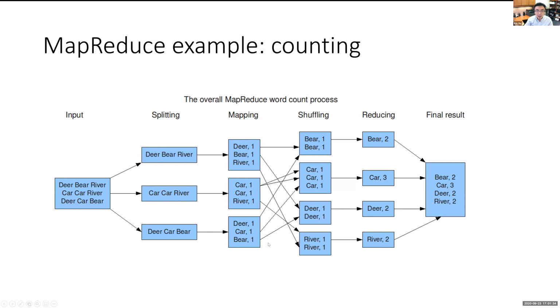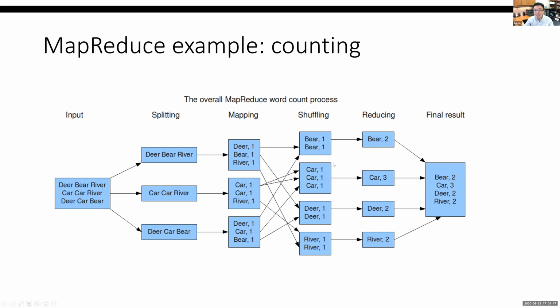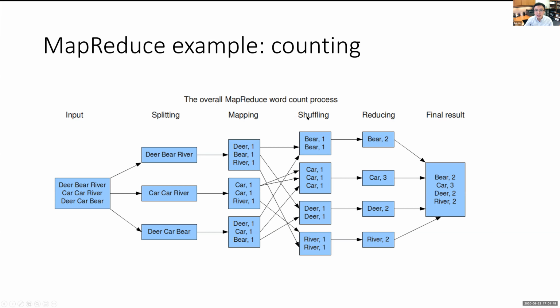And then during that process, I do the shuffling. The shuffling can be random or can be driven by the request. For example, in this request, I want to do the aggregation, so this is more like combining. The request from the master server is to combine the same words together. So it says, hey, all the beer come to this box, all the car come to this box, all deer come to this box, all river come to this box.